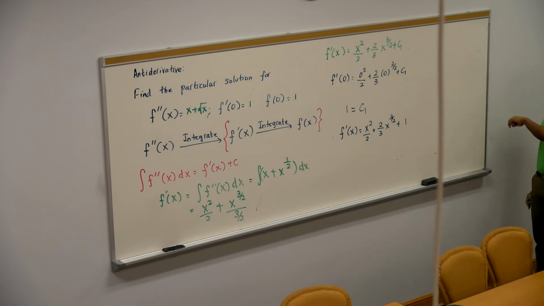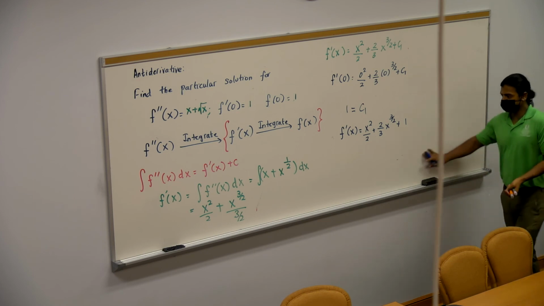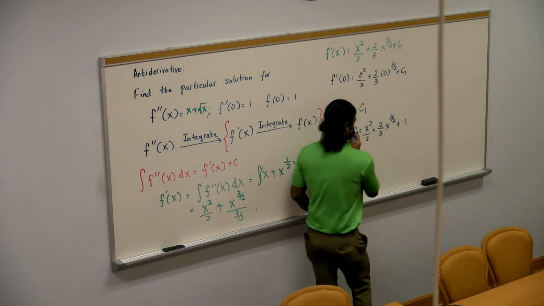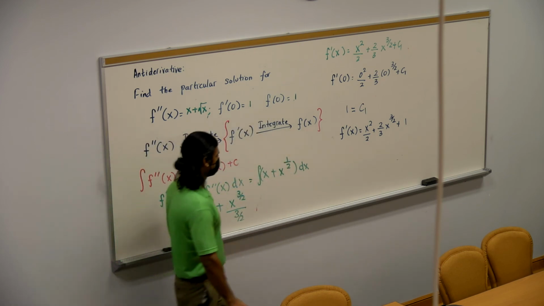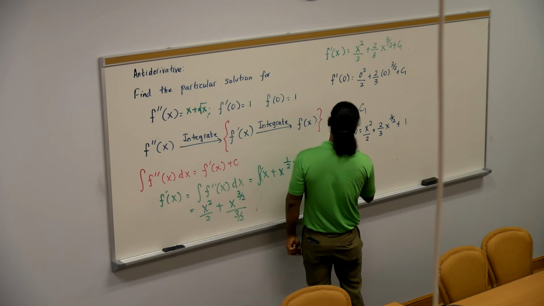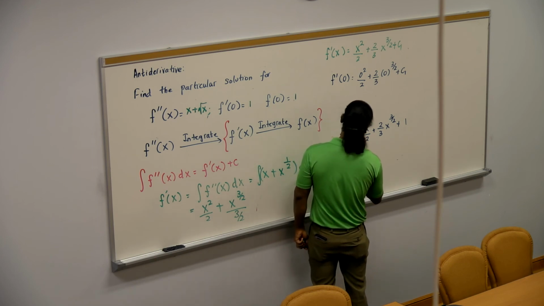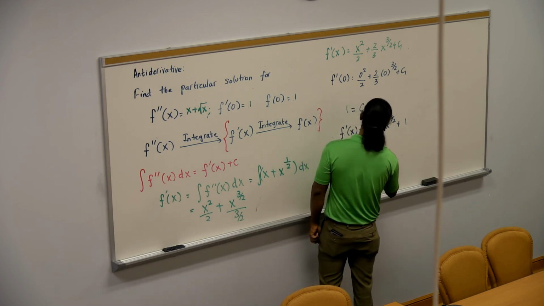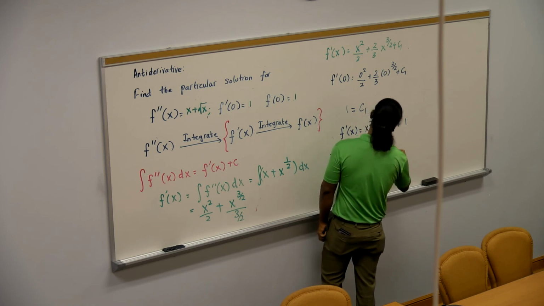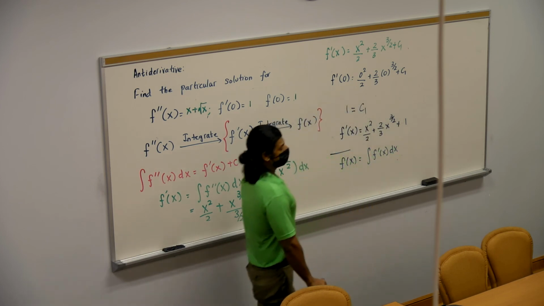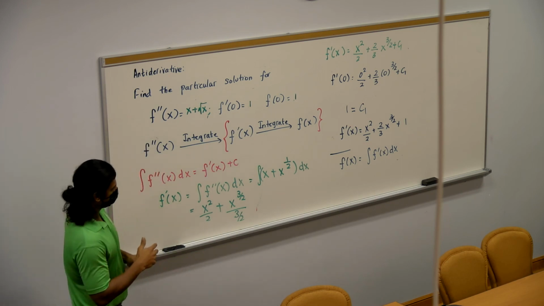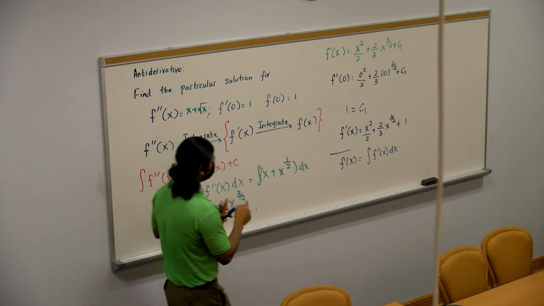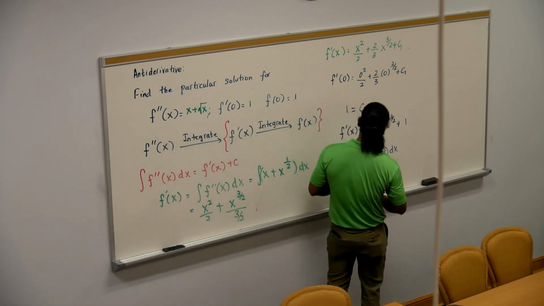And now we've got to go to the next step where we find f of x. How do we find f of x? We integrate the first derivative to get the function f of x. So f of x is equal to the integral of f prime of x dx. We found f prime of x already, so we're going to put that in here.